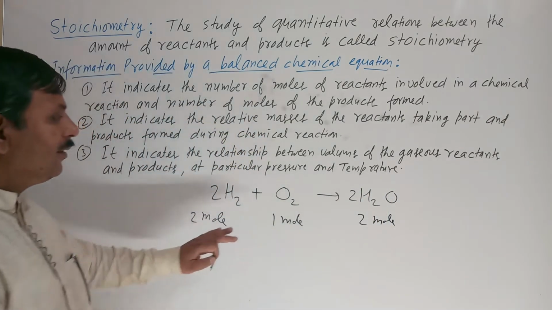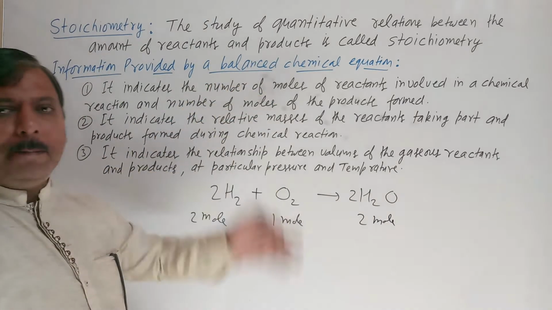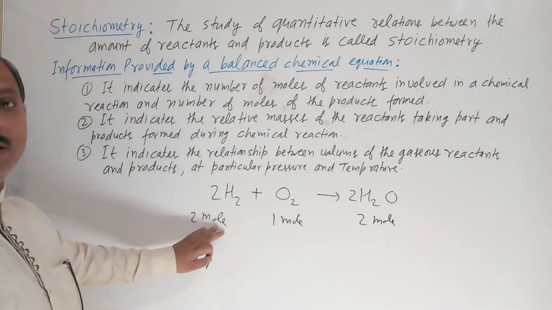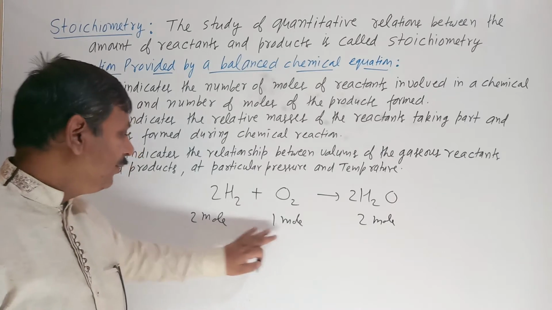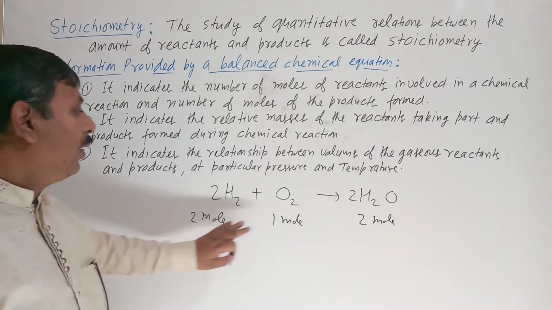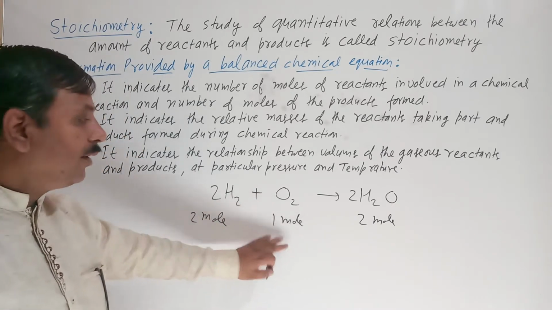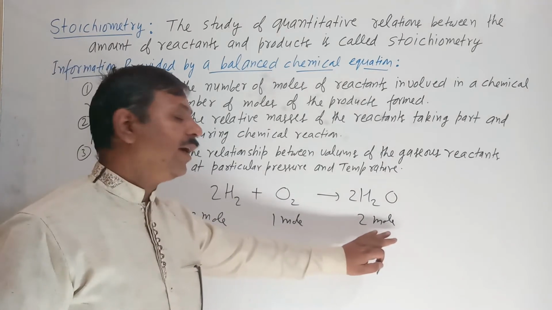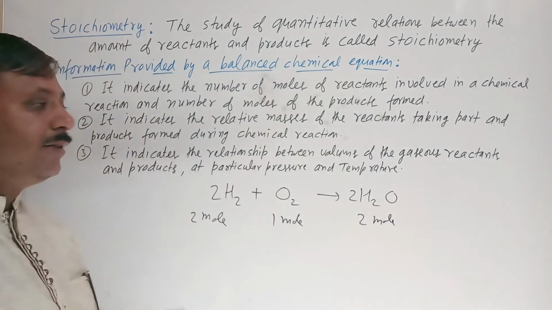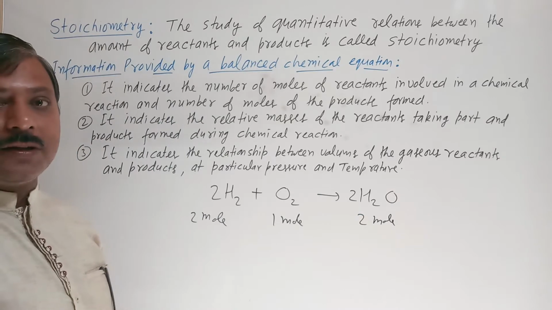So by the balanced chemical reaction, we have got the information that 2 moles of hydrogen react with 1 mole of oxygen and form 2 moles of water.